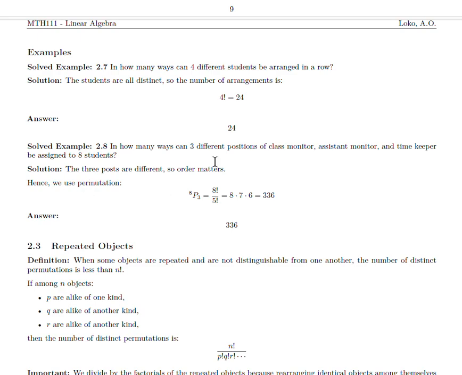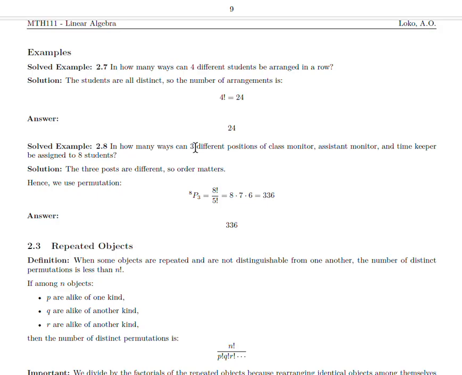So the simple formula that gives us the solution to this problem is 8 permutation 3, and 8 permutation 3 of course is 8 factorial over 8 minus 3 factorial, which is 8 factorial over 5 factorial, which is 336.